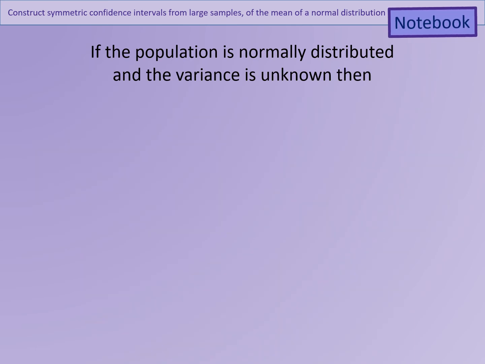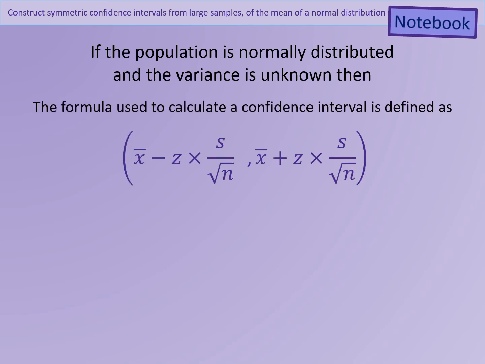If the population has a normal distribution and the variance is unknown, then the formula for the confidence interval becomes this. It's the same as the formula for when we know the variance of the population, except instead of using sigma, the standard deviation, which will be given in the question, we have to calculate S, an unbiased estimator, first, and then substitute that in.